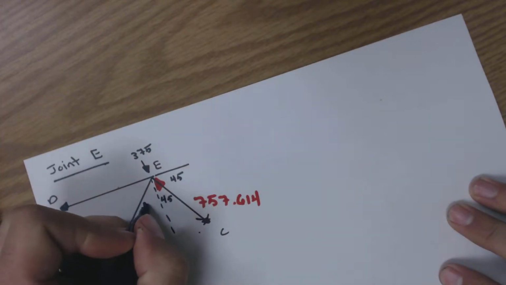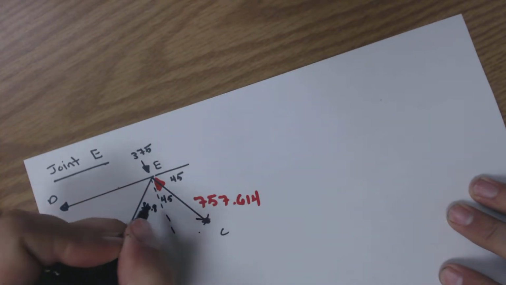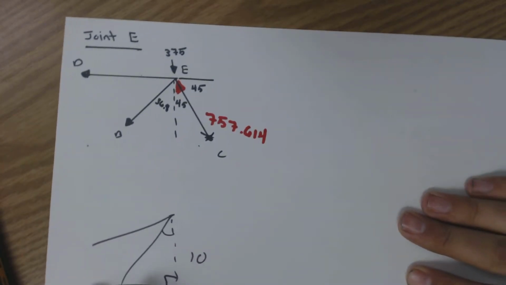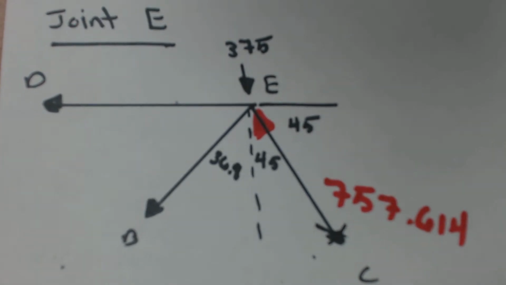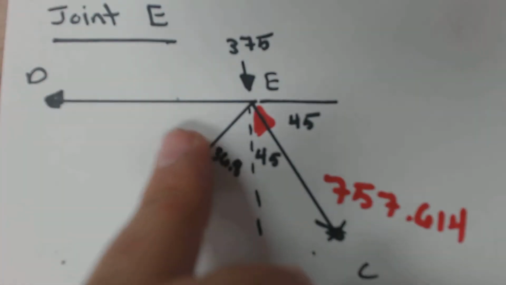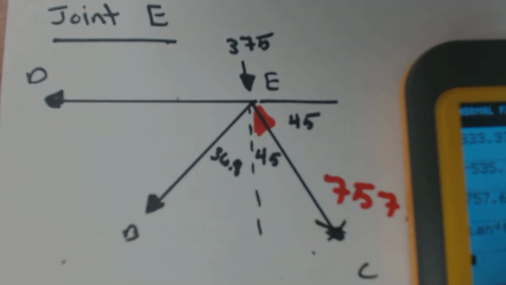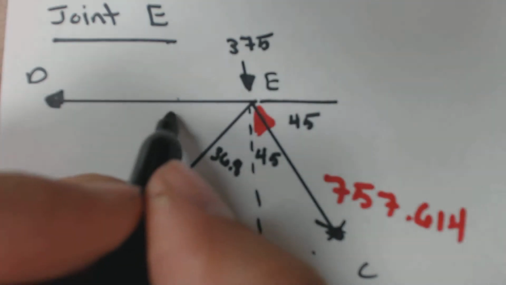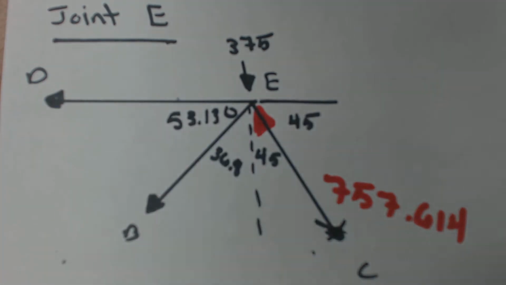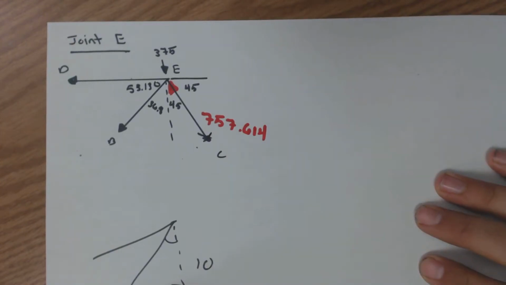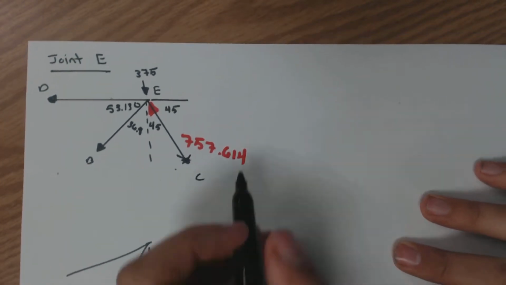So this angle is 36.870, right in there. So that tells me what the rest of that is. 90 minus 36.870, and that is a 53.130. Alright, I have all my angles, perfect.